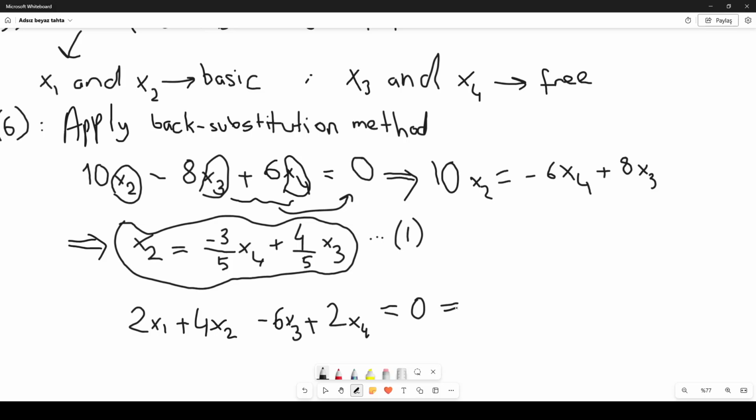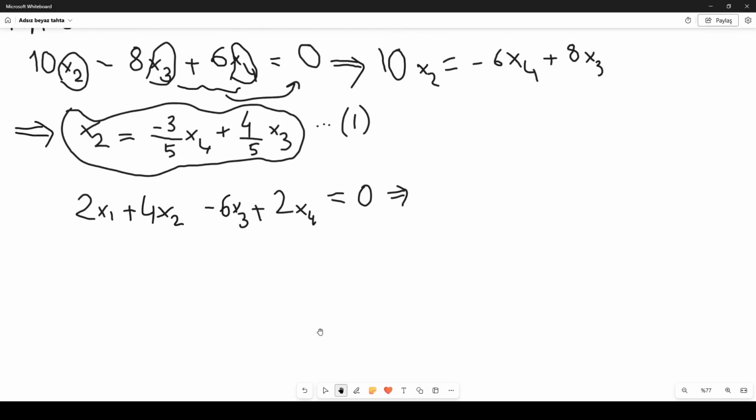We know that x3 and x4 are free variables, but x2 is a basic variable, so I need to write x1 only in terms of free variables. Therefore I move all of this to the right hand side. 2x1 is equal to, minus 4x2 when I move it to the right hand side.